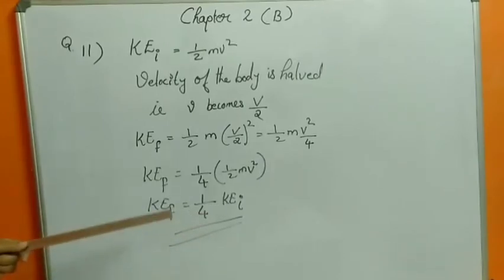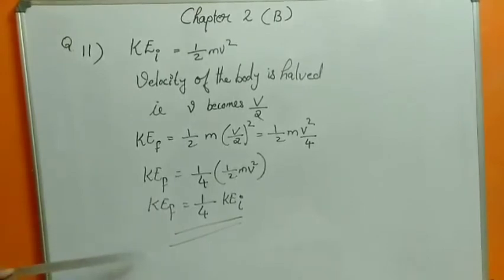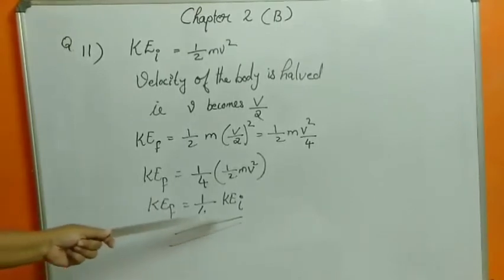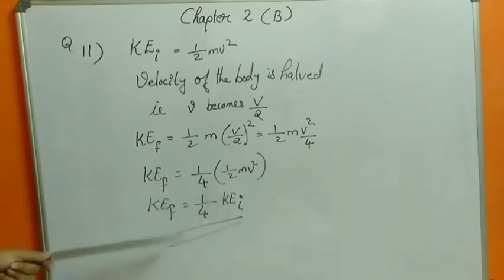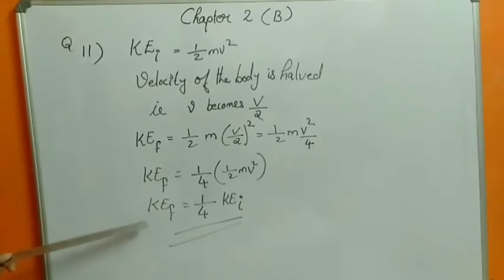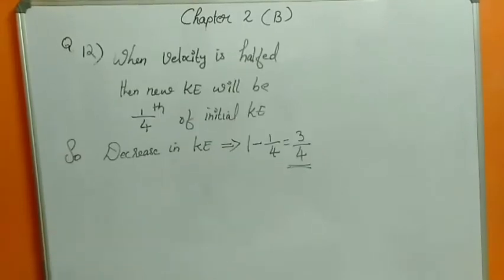That means the final kinetic energy will be reduced to 1/4. Its 1/4 will be only its final energy. That means final energy will be reduced. Next, question number 12. Calculate the decrease in kinetic energy of a moving body if its velocity is reduced to half.